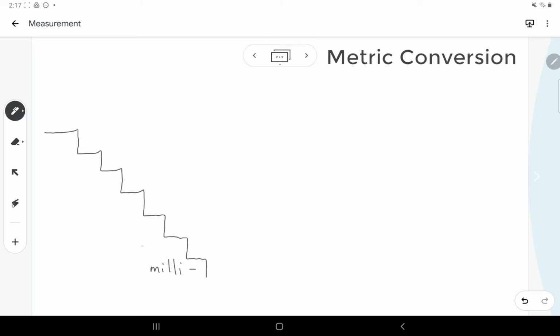Up from that is centi, like centimeter. Then we have ones that we haven't talked about yet, like deci for decimeter. Then we have our base unit, which is a meter.